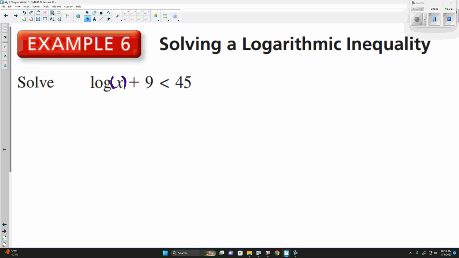I will put parentheses, especially on the review and test, around what's inside the log. Now, according to the math textbooks and most books, if they don't put parentheses around the number, they are assuming you understand that the plus 9 is outside of the log.